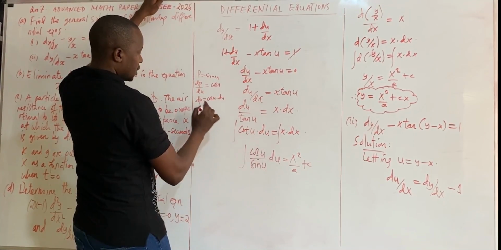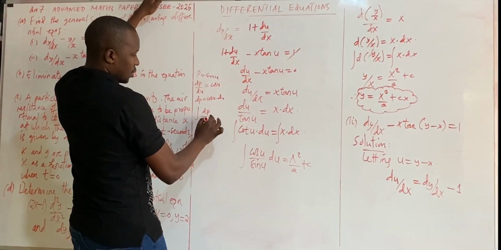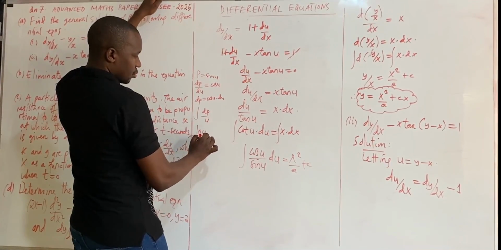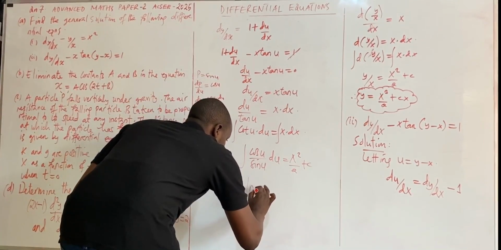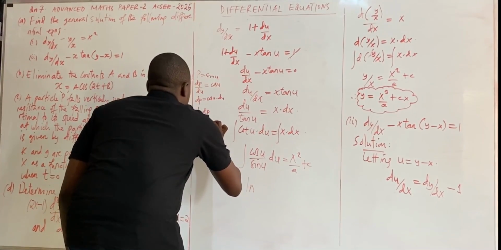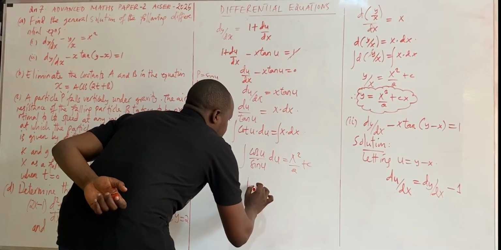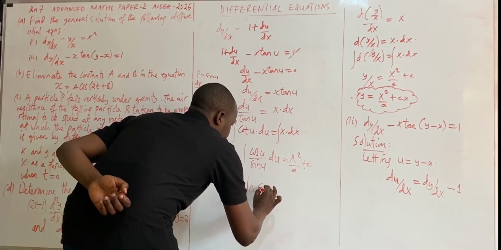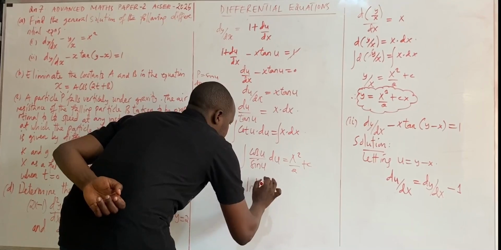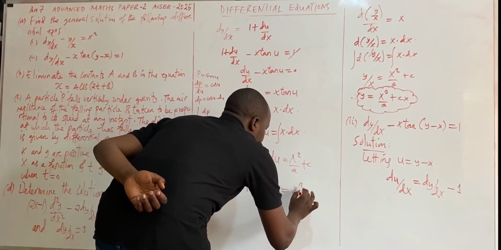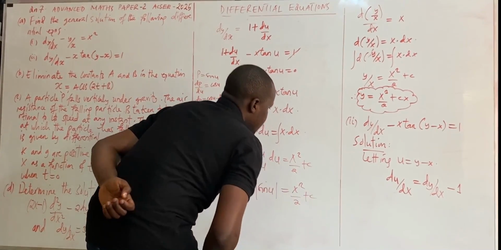The integral of dp over p is ln of p, which is sin u. So introduce this absolute value, then x squared over 2 plus c.